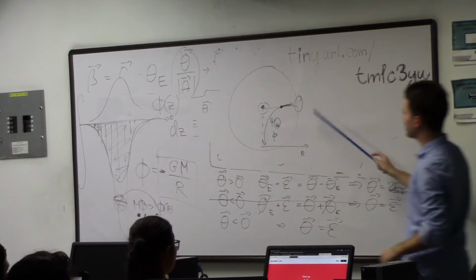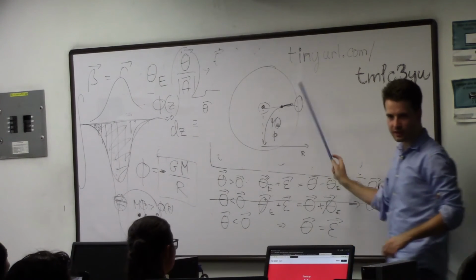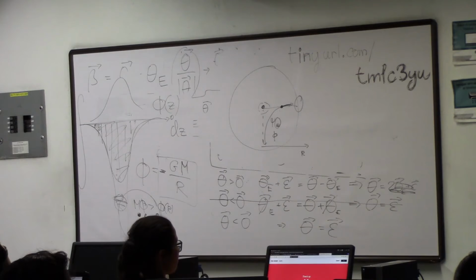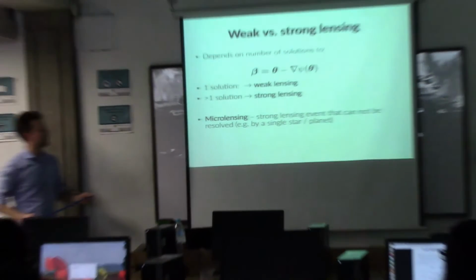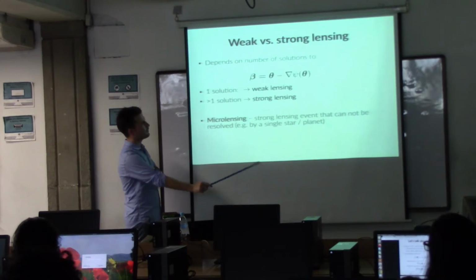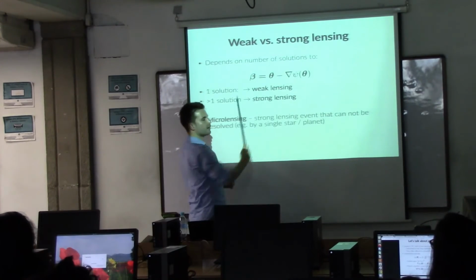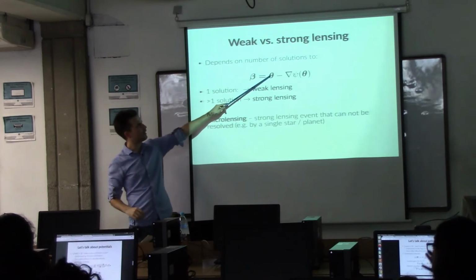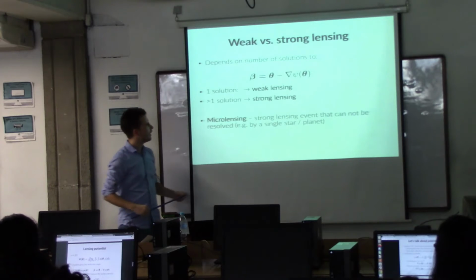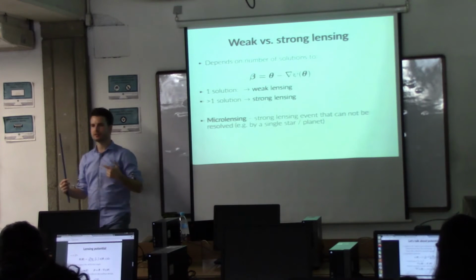What I was supposed to say is that now we have something pretty handy to calculate deflection angles as long as we know the potential. And there is some other nice thing around here. So this equation now can have any number of solutions depending on the form of the potential and your image position. And this is how we can distinguish the different regimes of lensing.